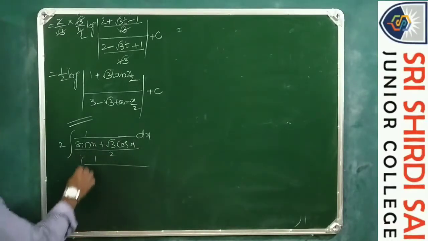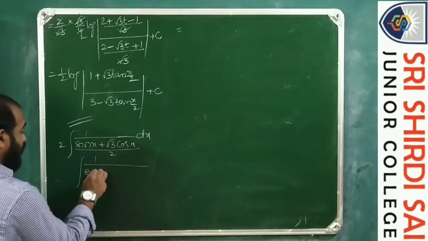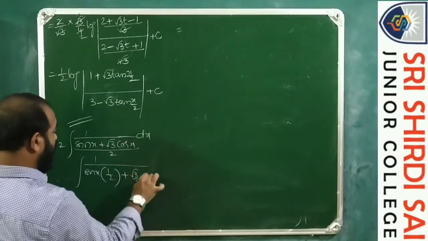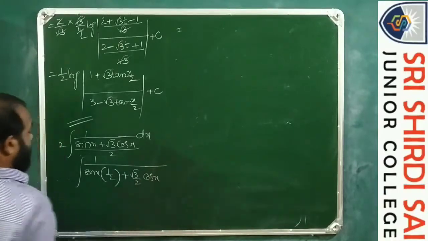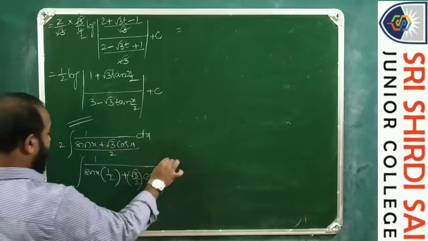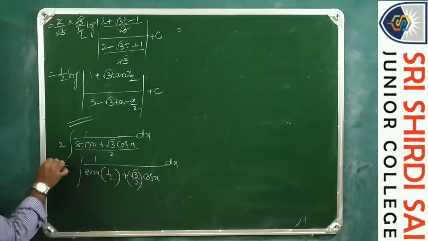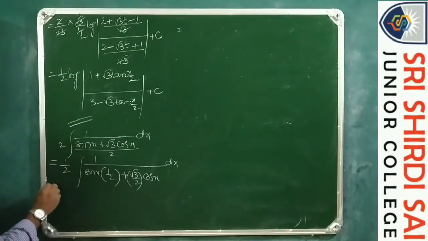So here sin x into 1 by 2 plus root 3 by 2 into cos x dx. So here 1 by 2, I have separated from the process of integration.